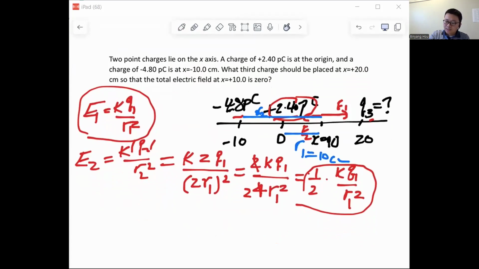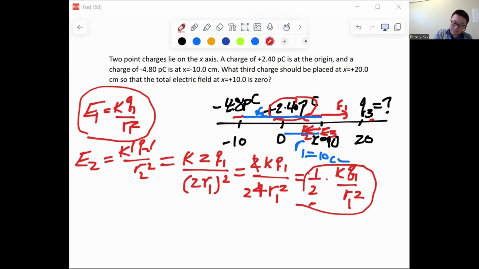So in order to have the E at x equal to 10 be 0, E3 must go in this direction. So E3 must be in this direction, that will be E3. And because E2 is 1/2 of E1, E3 should also be 1/2 so that they can cancel.